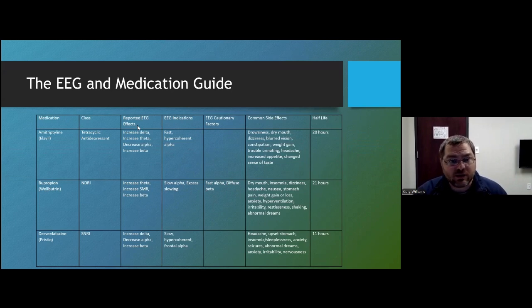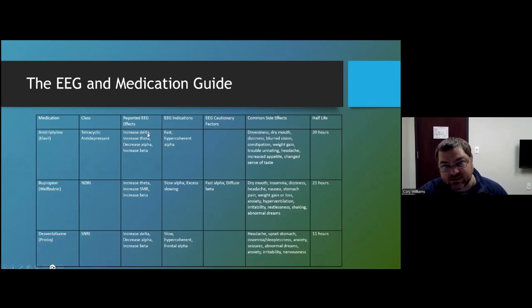The reported EEG effects, I think of them as similar to common side effects. So if you look at, say, amitriptyline, some people who take it get drowsiness, some people get dry mouth, maybe some people get both. You probably don't have anybody who gets all of the side effects, maybe one or two. It's the same way with the EEG effects.